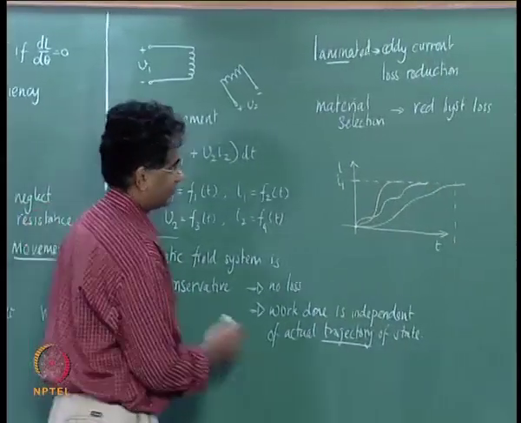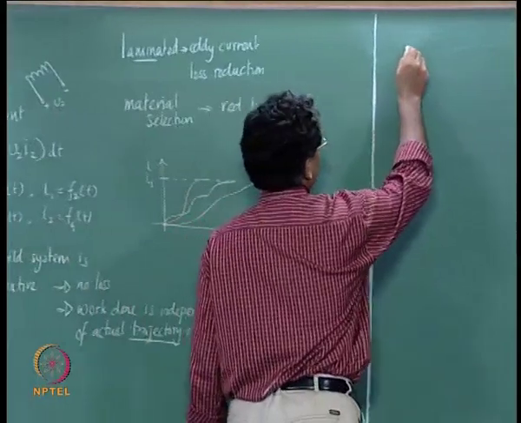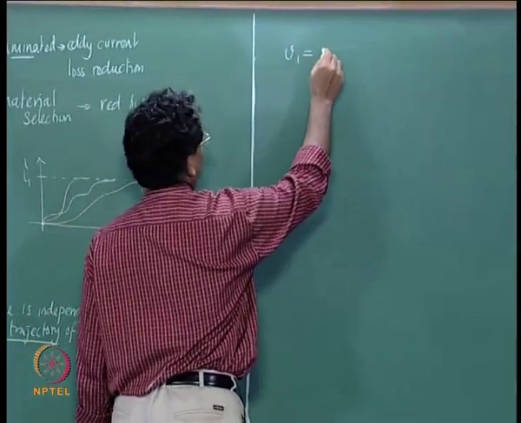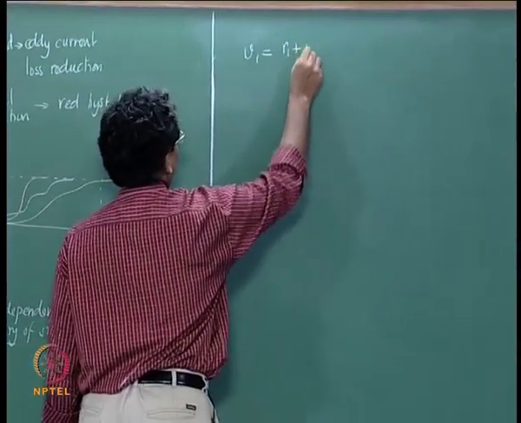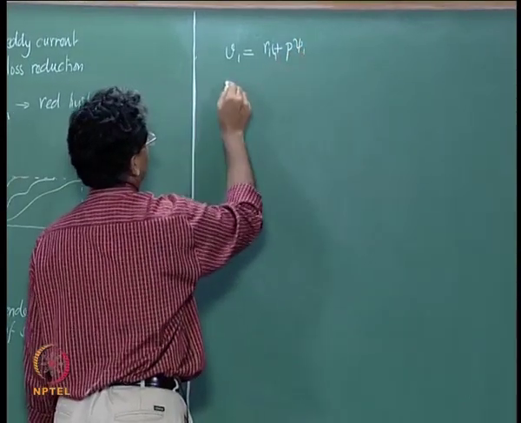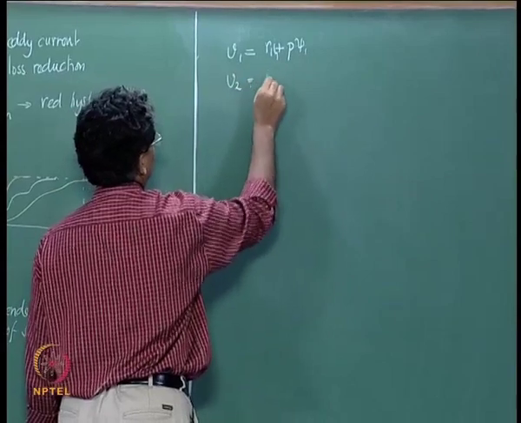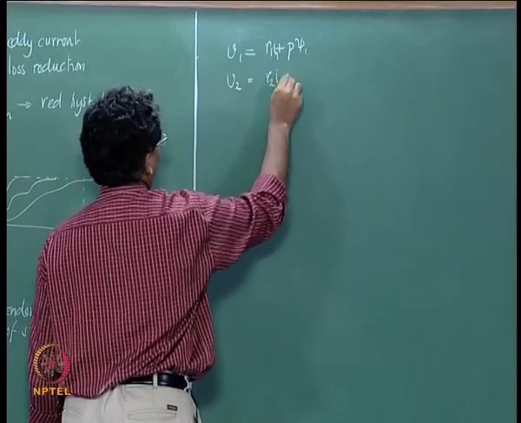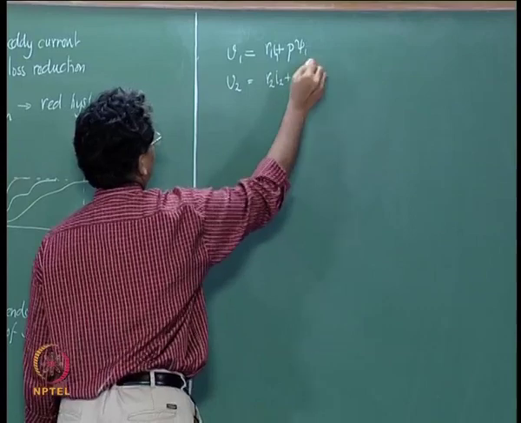How to do that? Now, let us look at the expression for V1. V1 is R1 I1 plus P psi 1, V2 equals R2 I2 plus P psi 2.